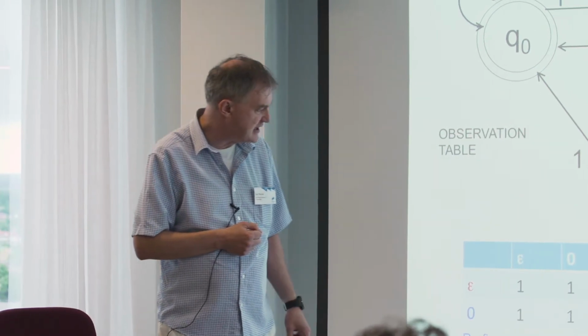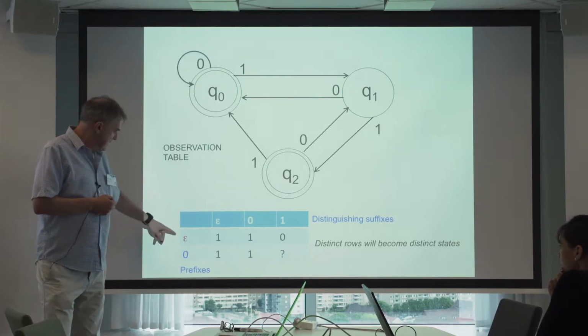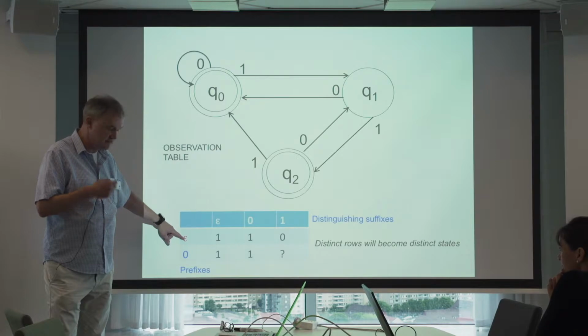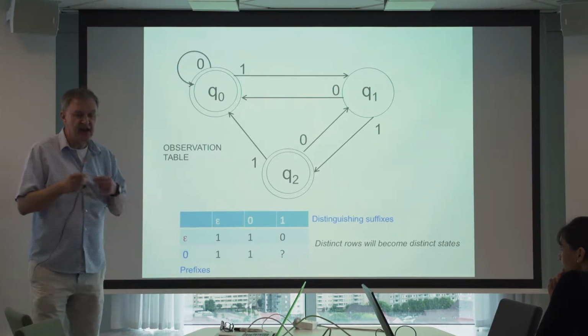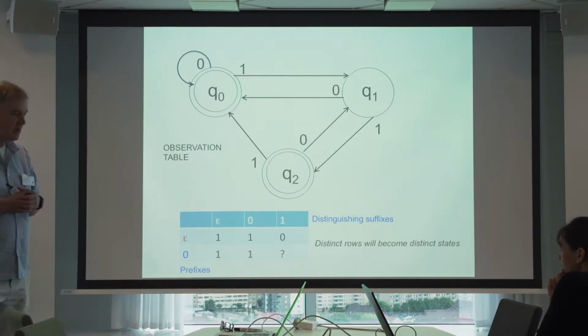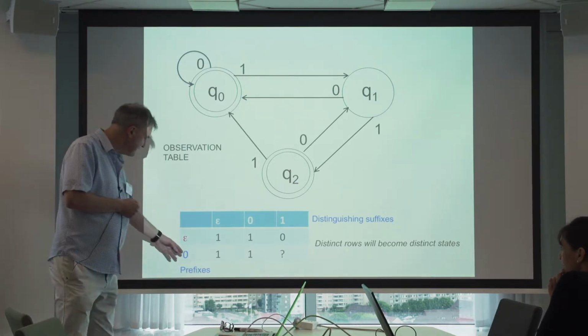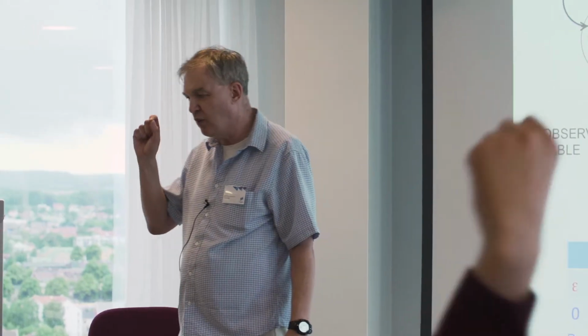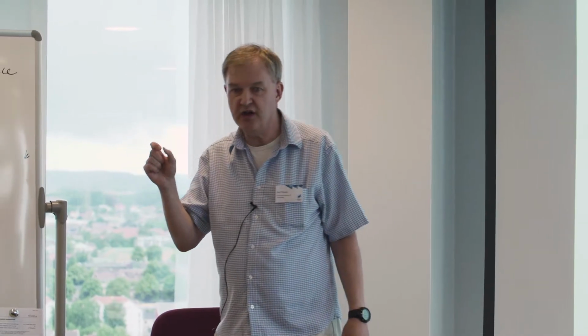That is deliberate. There will be a set of prefixes that we call red prefixes. We start off with epsilon as the initial red prefix, and afterwards I build up more and more red prefixes. There are also blue prefixes, and a blue prefix is always a one symbol extension of a red prefix.